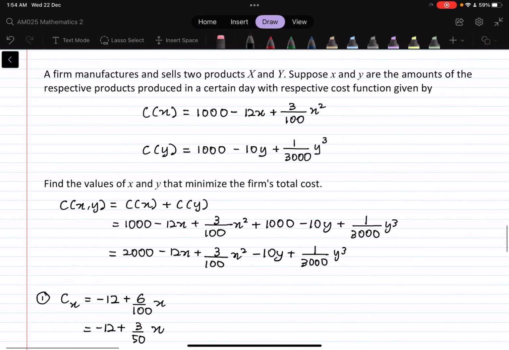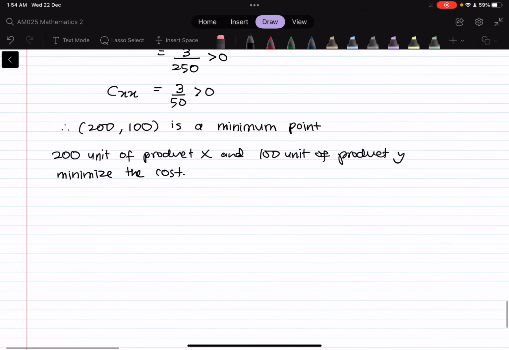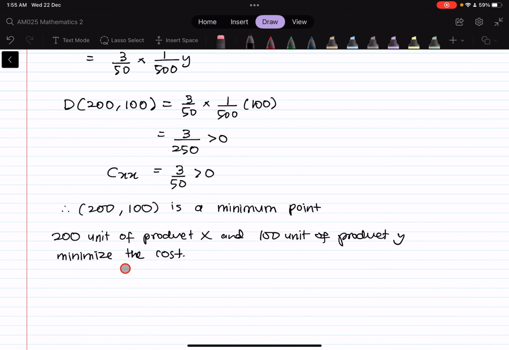What else does the question ask? That's all. Find the values of x and y that minimize the firm's total cost. So that's it.